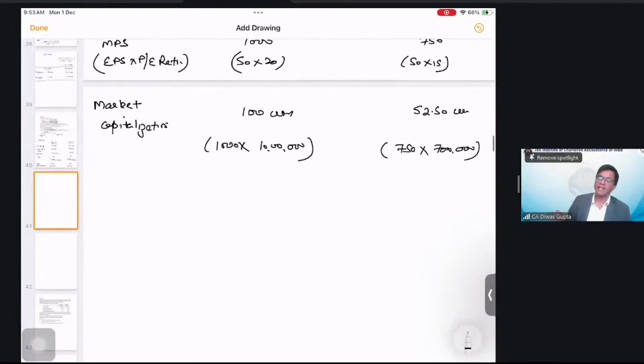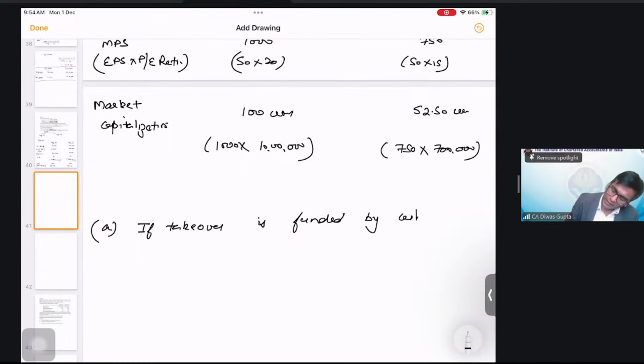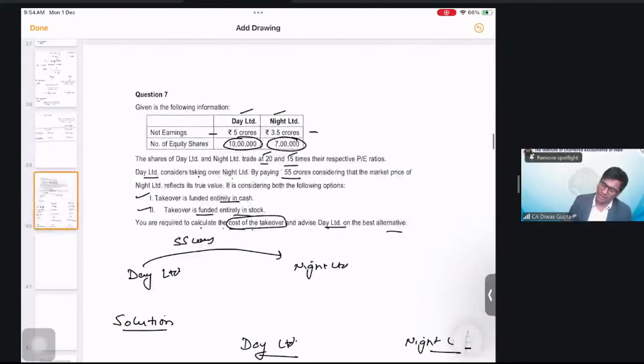Takeover is funded entirely in cash. Now let's take this. If takeover is funded by cash, what is the cash that they're planning to give, students?